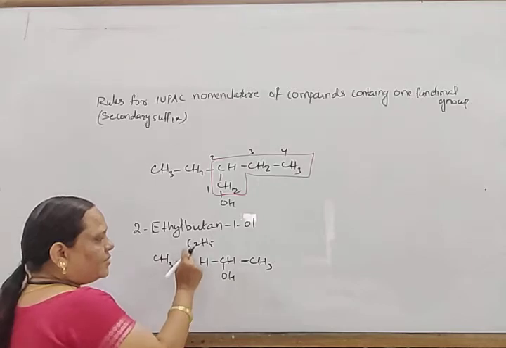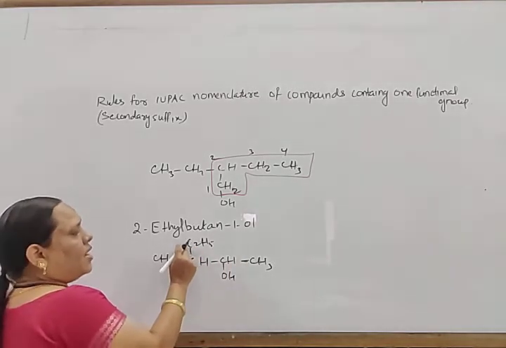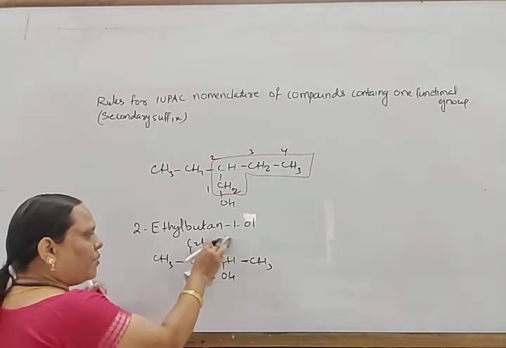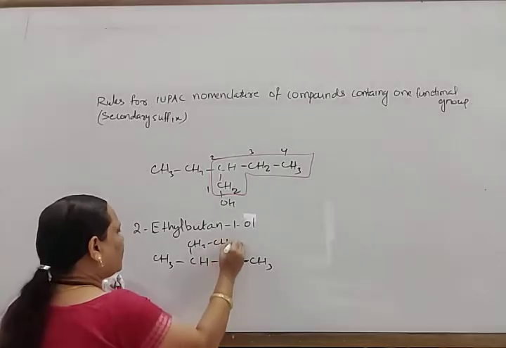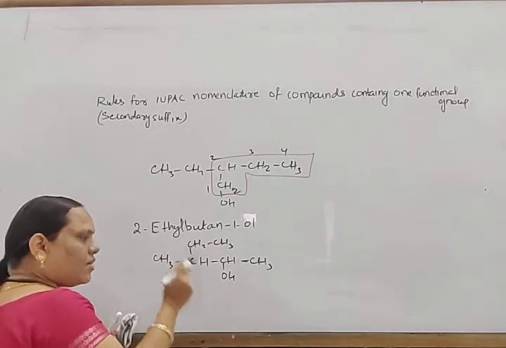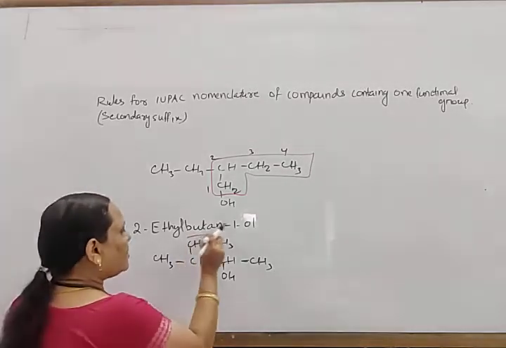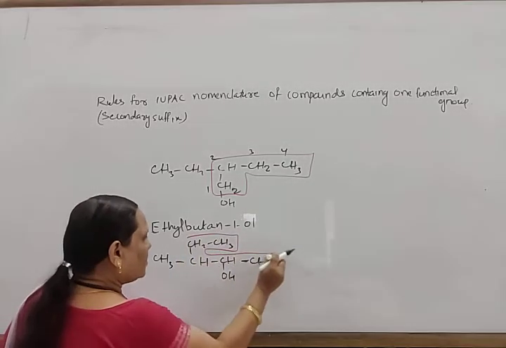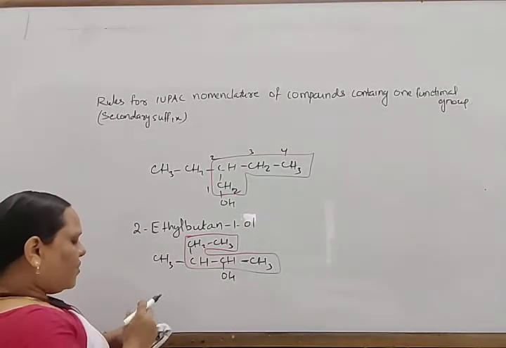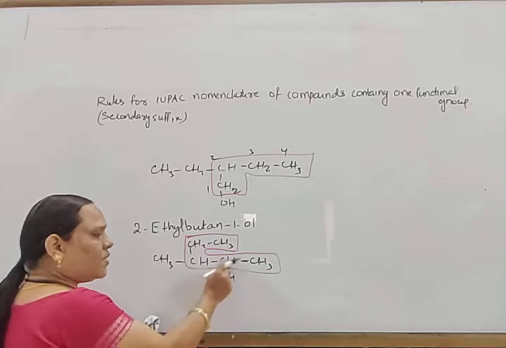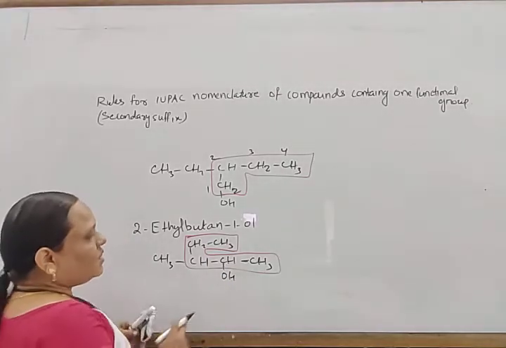If you write this, C2H5 is part of the long chain, 1, 2, 3, 4, and if you open C2H5, it should be CH2, CH3. Now select the longest chain containing this functional group. This is the long chain containing the functional group. Then count the carbon atoms so that the functional group gets the lowest position.